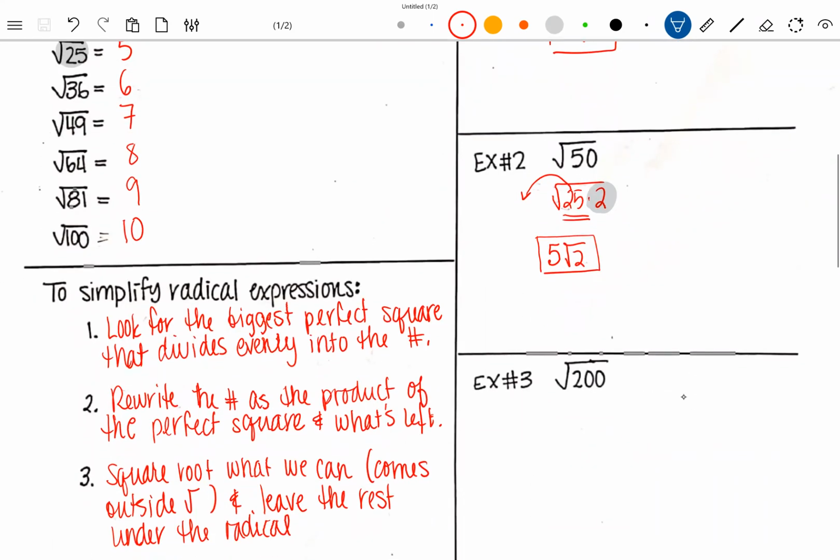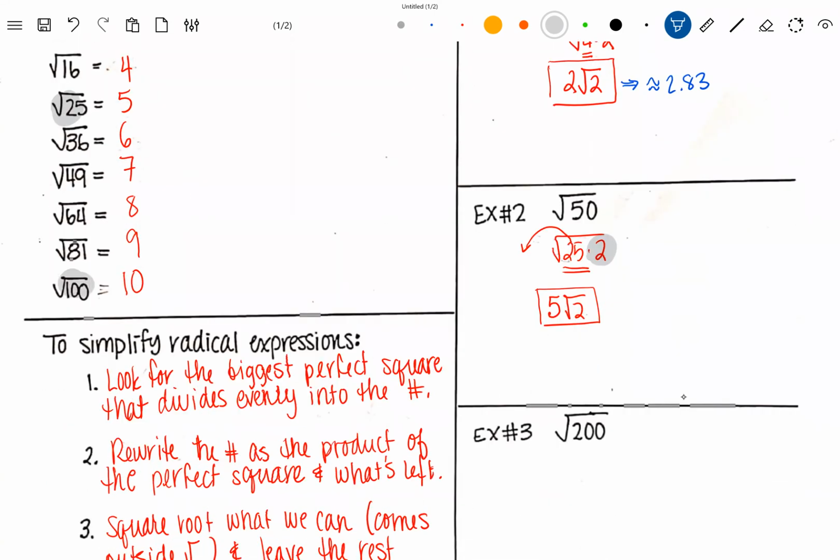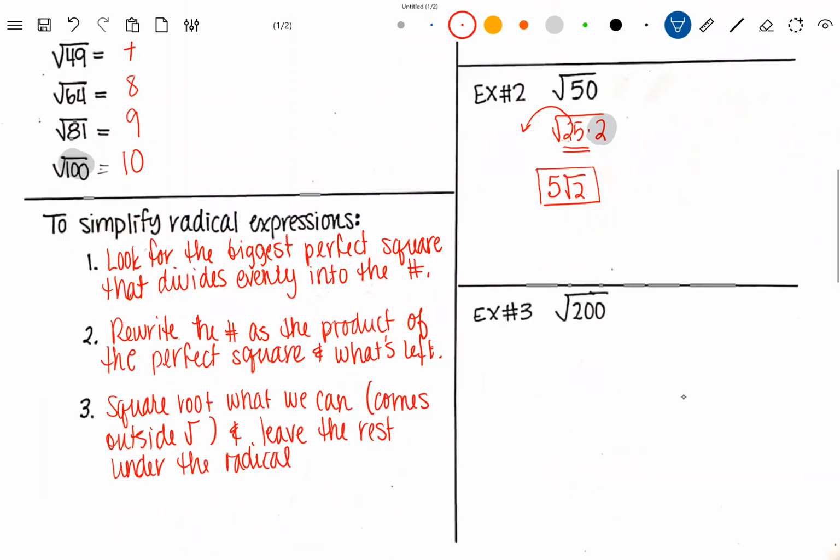So number 3, okay, 200 is bigger than this whole list, but since I want the biggest perfect square, I'm going to work my way back this way, because if I worked my way forward, 4 goes into 200, but it's not the biggest number that goes into 200. 25 also goes into 200, but it's not the biggest perfect square that goes into 200. 100 is the biggest perfect square that goes into 200.